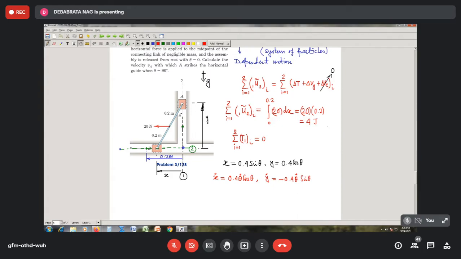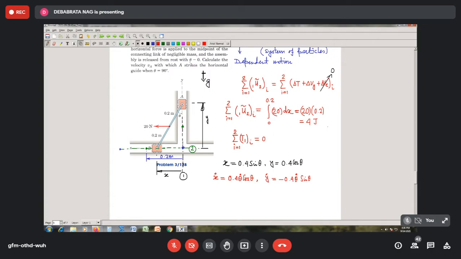The significance of this minus sign is that y and y dot have opposite directions. I measure y in this sense, upward, and the negative sign indicates that the velocity of this one will be in the downward direction, correct? So these are therefore the velocities.